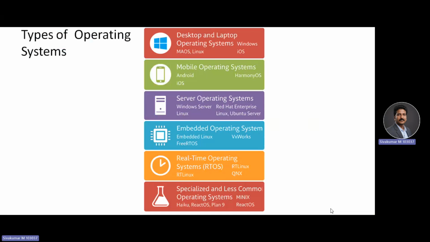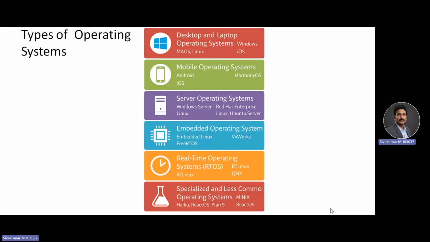So macOS, Linux, Windows are examples of desktop or laptop-based systems. We have the Android operating system for mobile phones, and iOS for mobile phones. Similarly, we have Windows Server, Red Hat Enterprise Linux, Ubuntu Server for server-based systems.